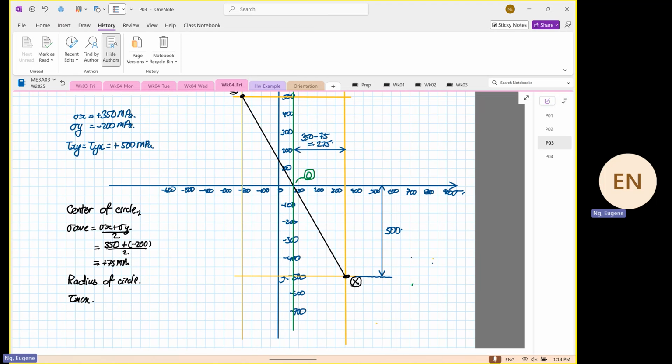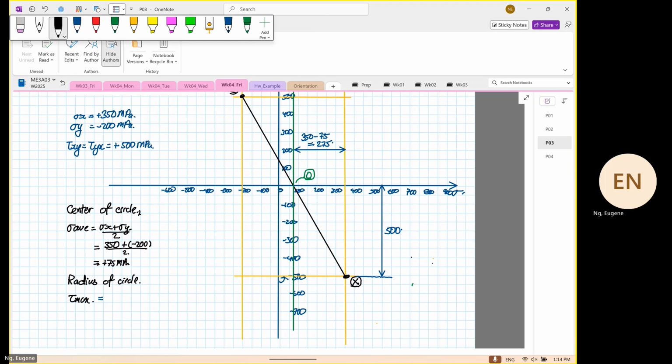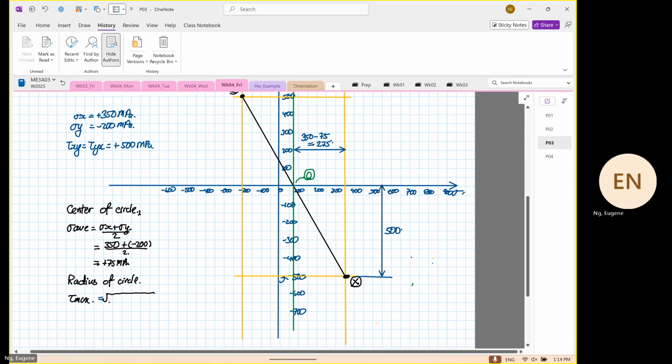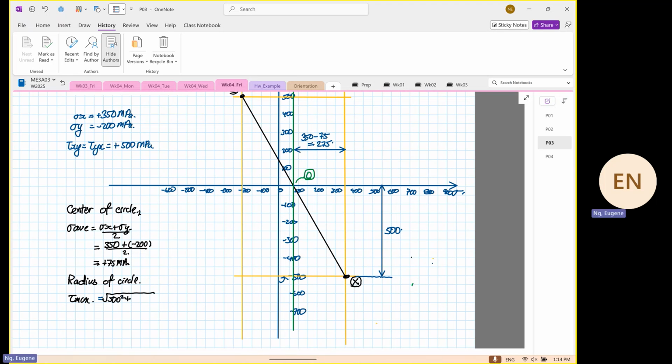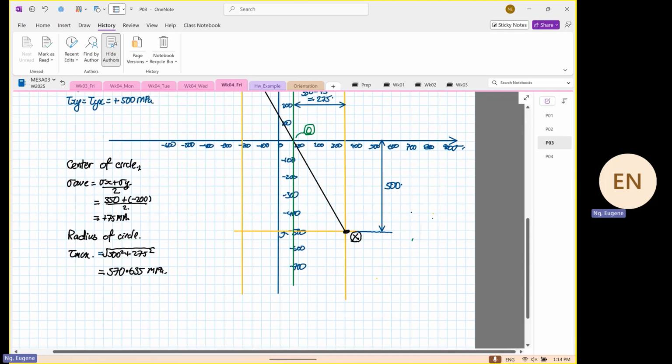So from here, tau max will be equal to the square root of 500 squared plus 275 squared, which is equal to 570.635.